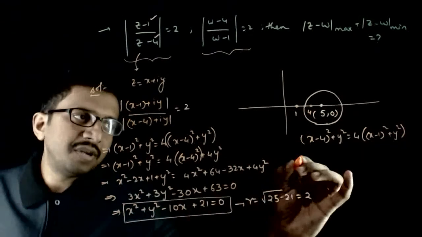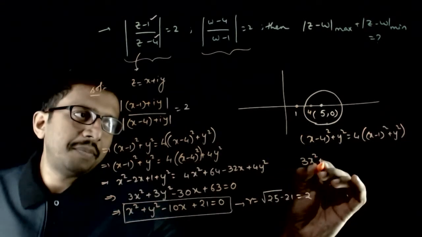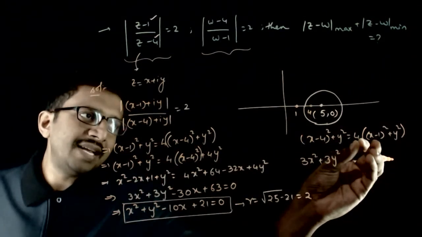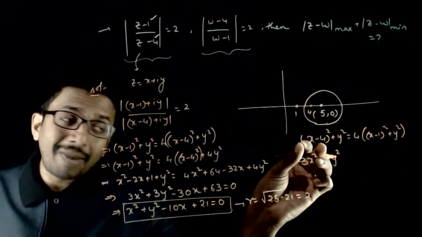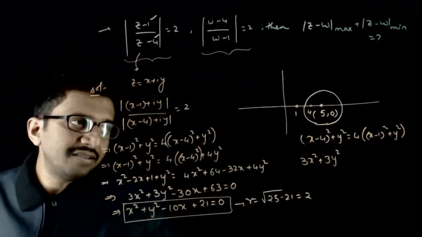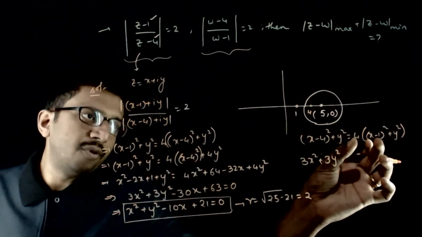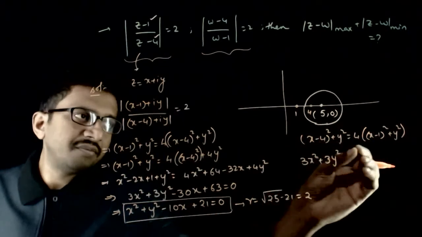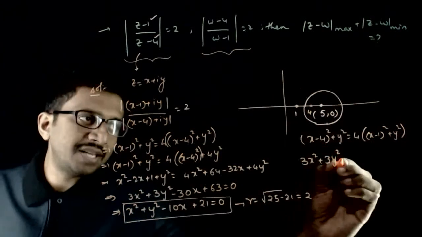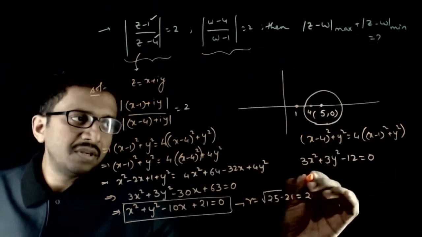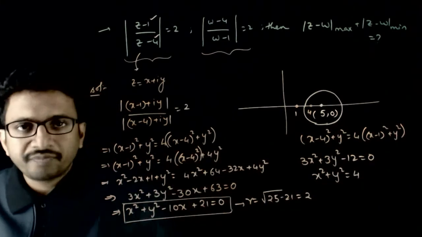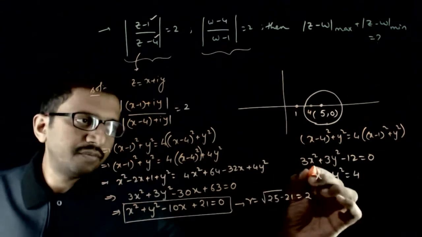If you expand this, you get 3x square again plus 3y square, and you have minus 8x on each side, so the minus 8x terms get cancelled, and you have a 4 here and a 16 here. If you send everything onto that side, minus 12 is equal to 0. So x square plus y square is equal to 4.